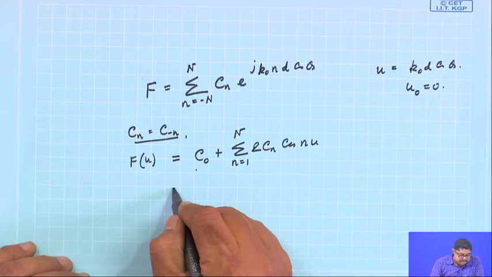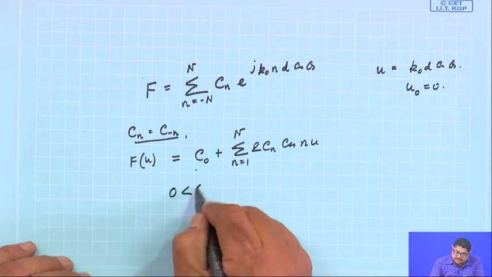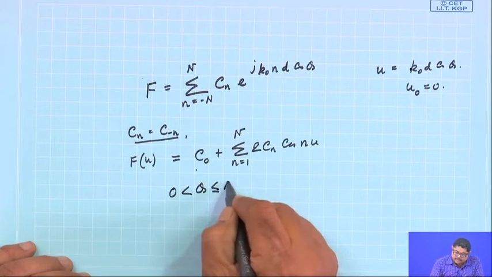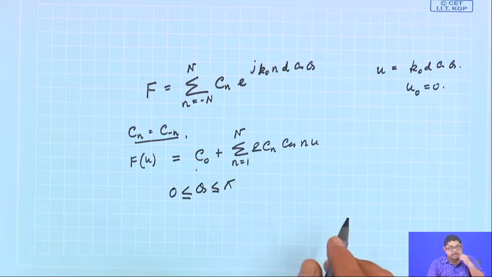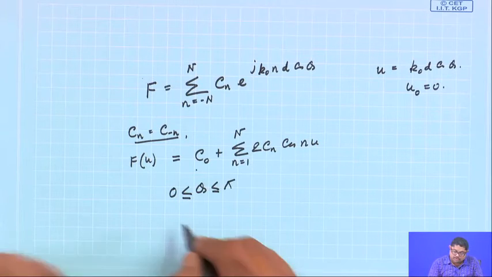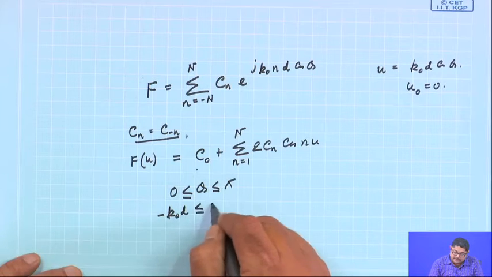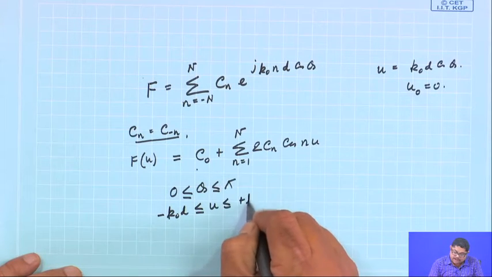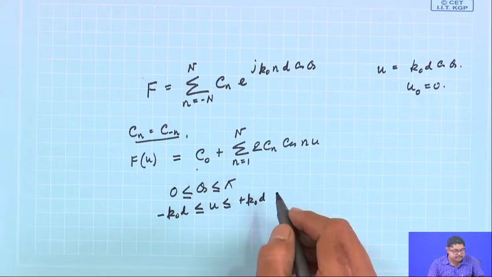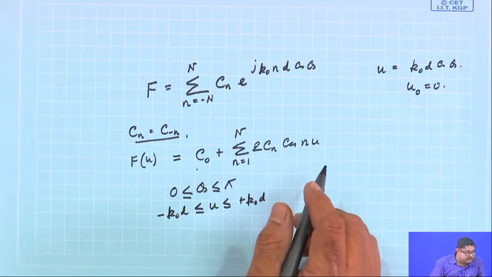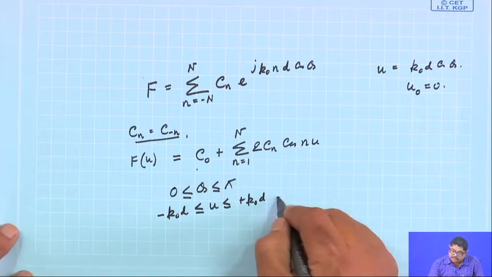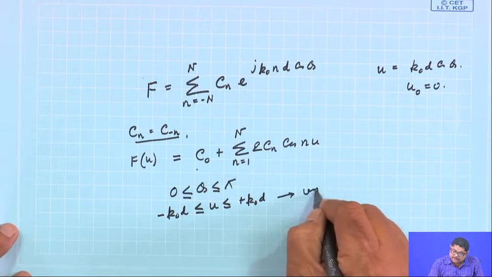Note that our theta is varying from 0 to pi, so minus k0 d to plus k0 d is the range of u that corresponds to visible space.